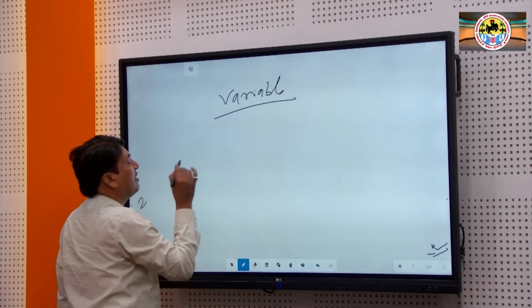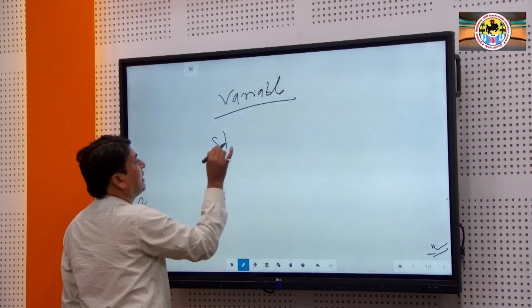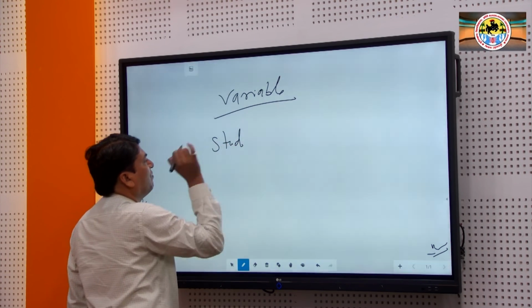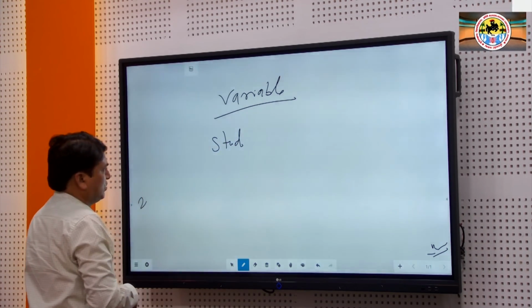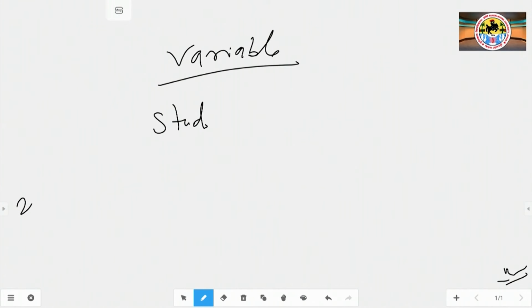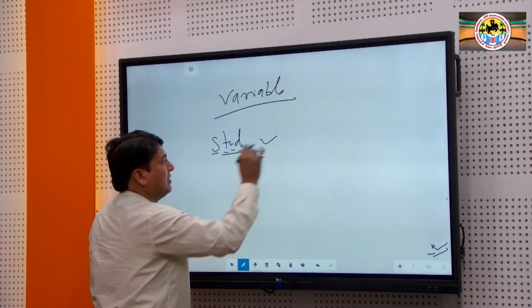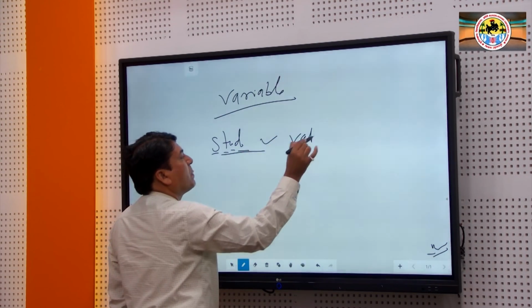Suppose I am writing a variable name stud. We have to store the value of a student, so we take stud as the variable name. Stud is the variable name. S is an alphabet, T is an alphabet, U is an alphabet, D is an alphabet. All the characters are alphabets, so this is a valid variable name.